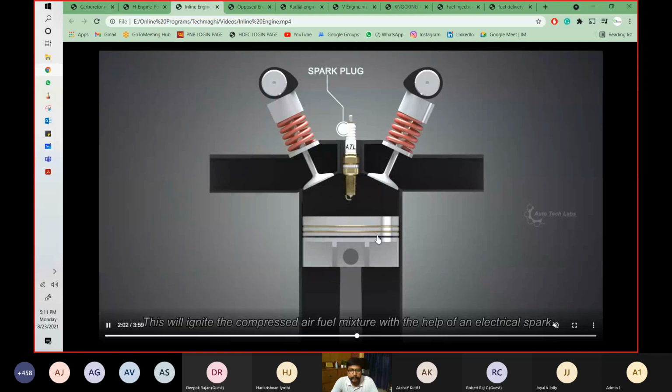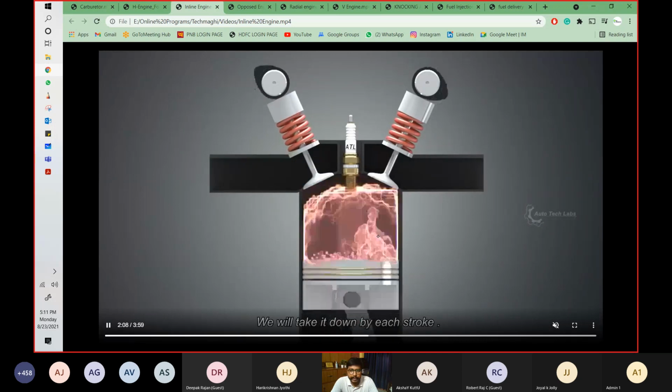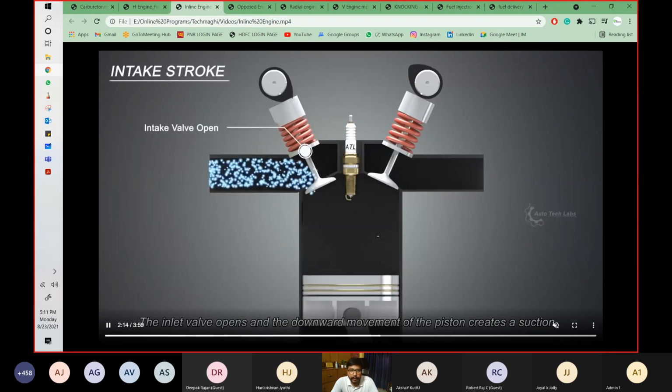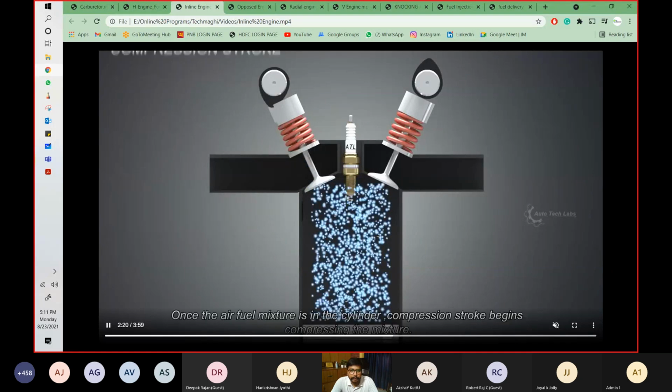This is the same thing that is explained again. First intake happens, then compression happens, then spark happens, expansion and exhaust. So intake stroke, the fuel comes in, air fuel mixture comes in. Then second stroke will be your compression stroke.